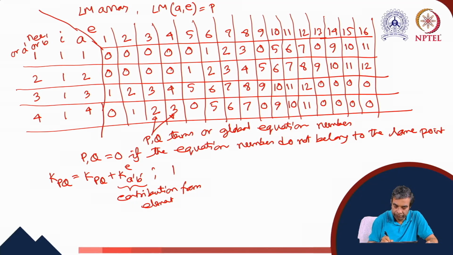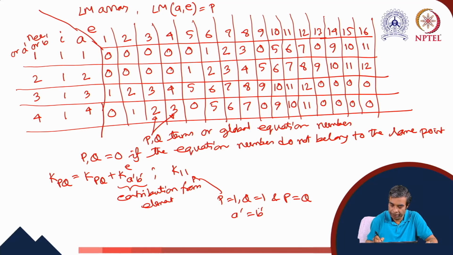We want K11. When we are writing K11, our P equals 1 and Q equals 1, and P equals Q. So in this case, we shall have A prime equals B prime. We write the initial guess first. Then we search element wise in which elements the equation number 1 is present.